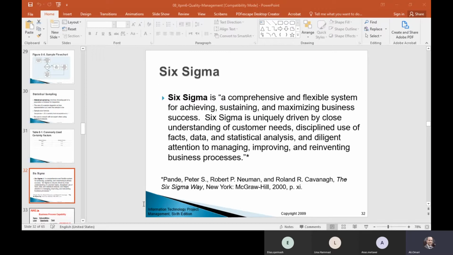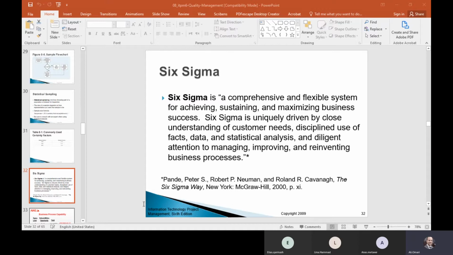So what is Six Sigma? It is basically a comprehensive and flexible system for achieving, sustaining, and maximizing business success. It is driven by a close understanding of the customer needs.